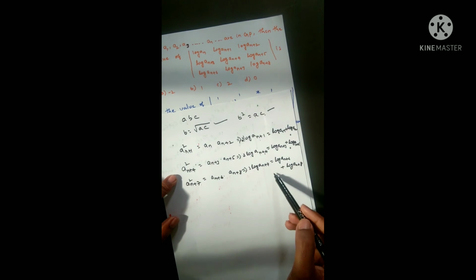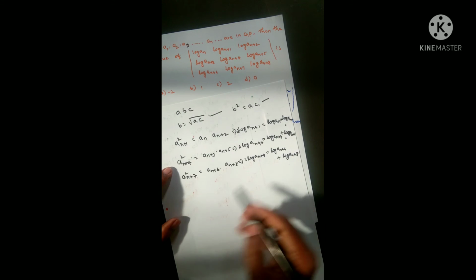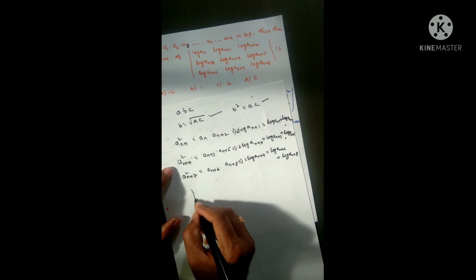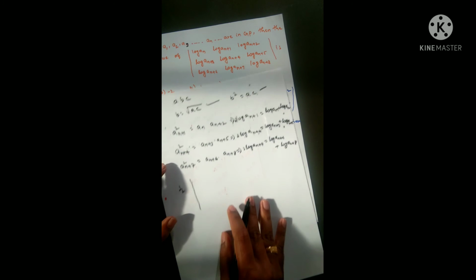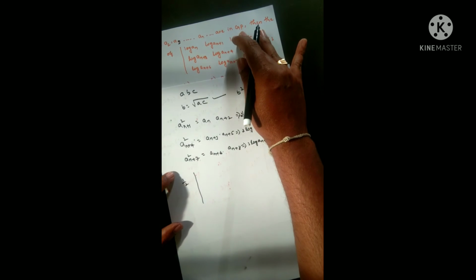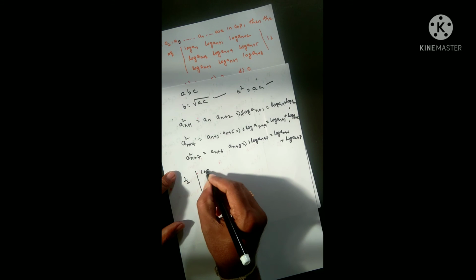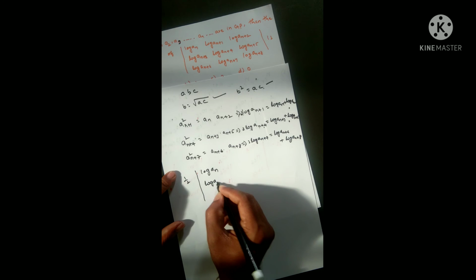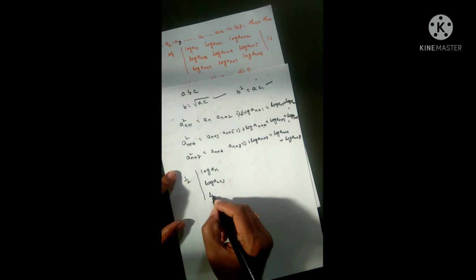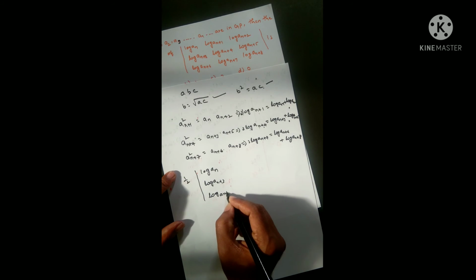Here everything has 1 by 2, so I will take 1 by 2 common. The first column stays as it is: log A n, log A n plus 3, log A n plus 6.